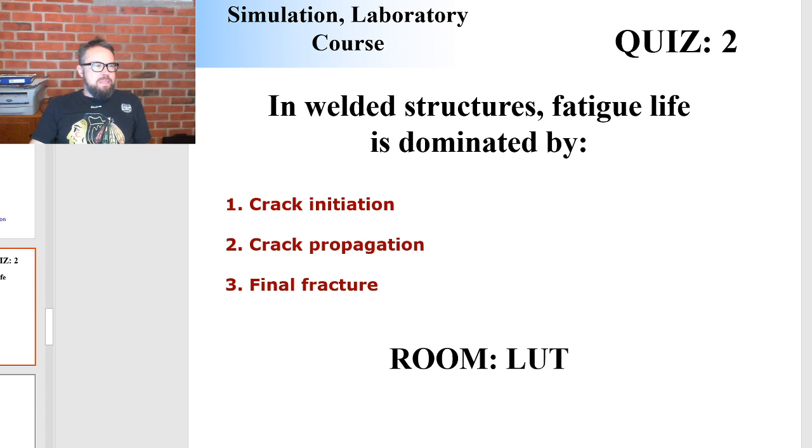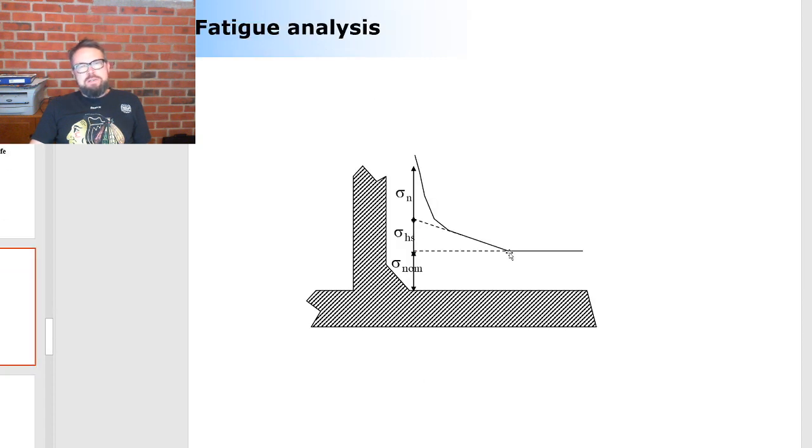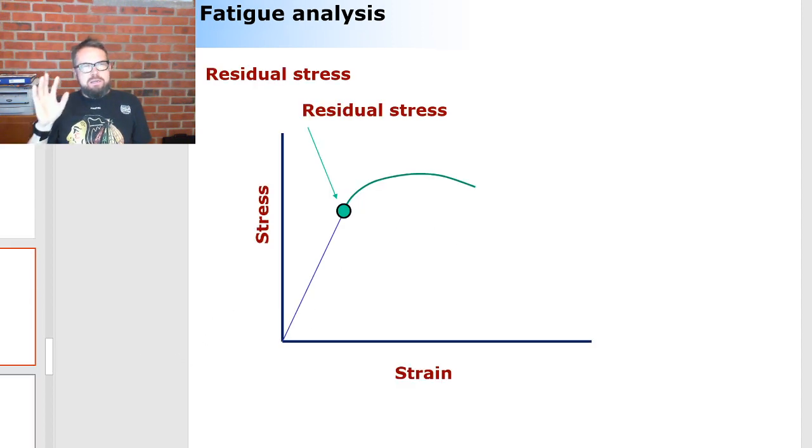What happens because of the geometry is that there will be many different geometrical nonlinearities, and when you look at it very, very closely, the stress itself becomes quite high because of these geometrical nonlinearities. This is something that we will get back to next week, so I'm not going to explain this in much detail. But I'm going to just say another problem that is associated with welded structures.